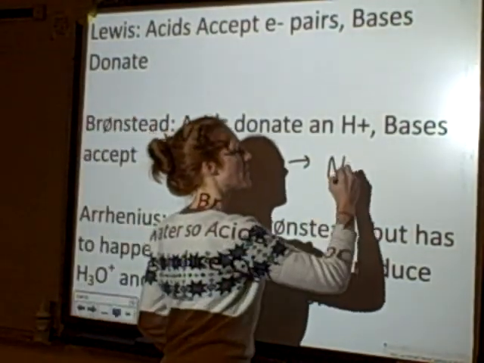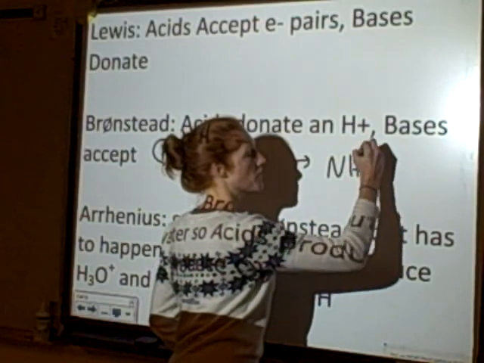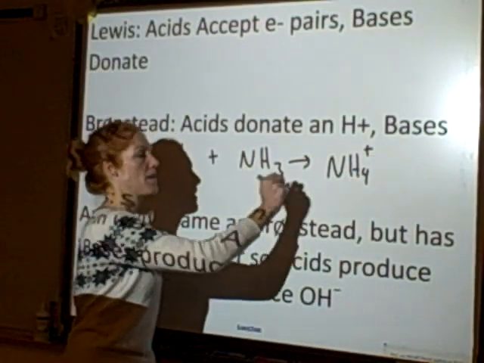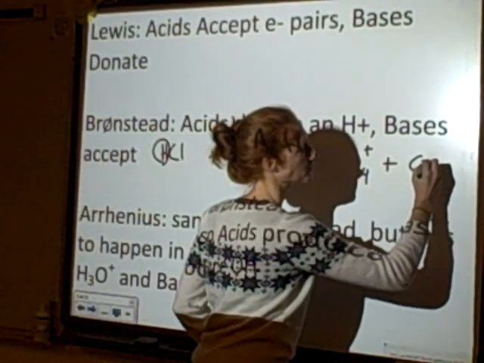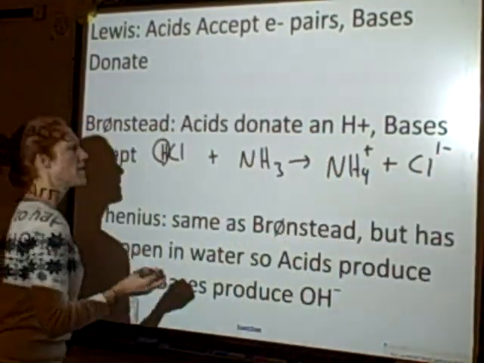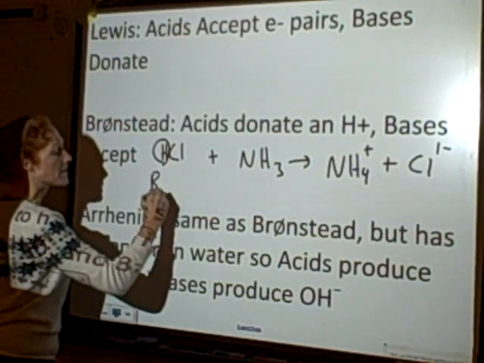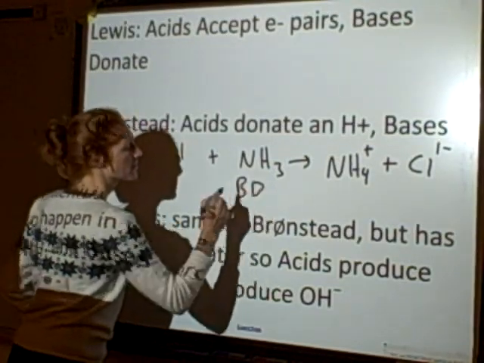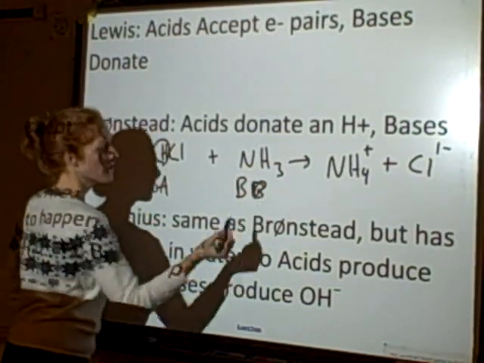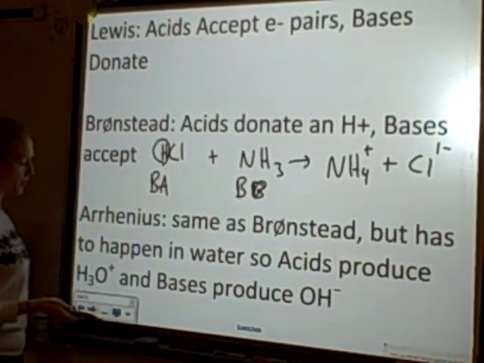So we just donated an H+, so we're going to be NH4+ instead of NH3, and we're leaving behind the chloride ion. So this is our Bronsted acid, and this is our Bronsted base. This guy is accepting an H+, and this guy's donating an H+.